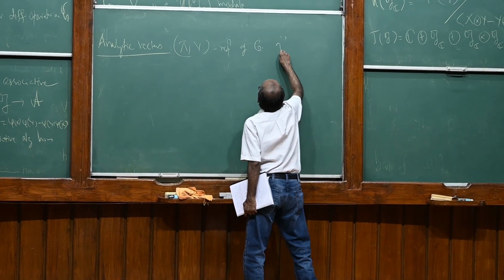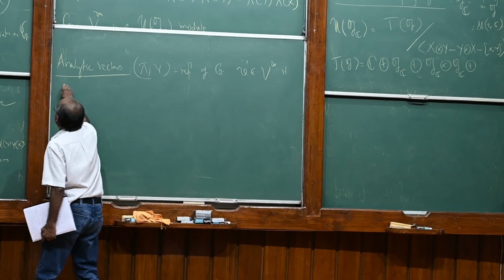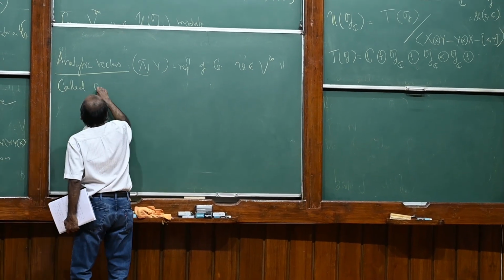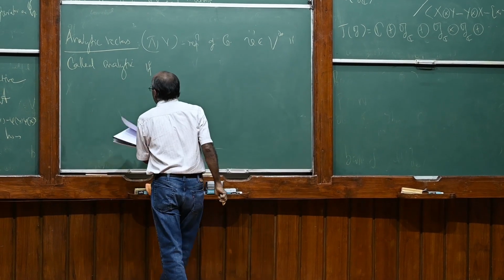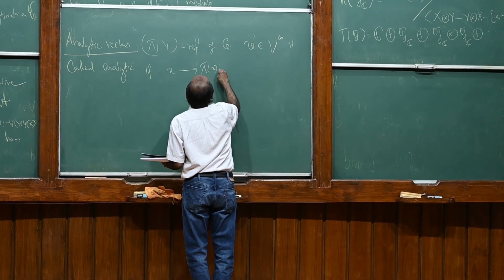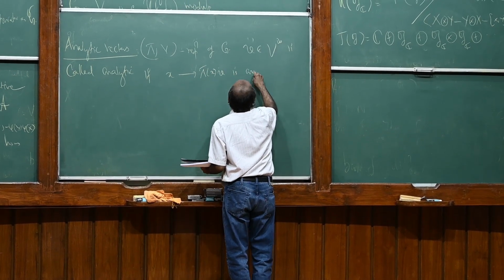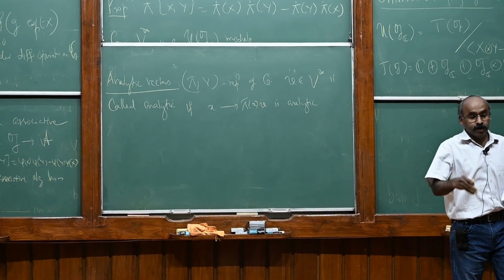A vector v in V infinity is called analytic if the map x going to pi(x)v is analytic. As usual, the analytic vectors form a subspace, that is clear.